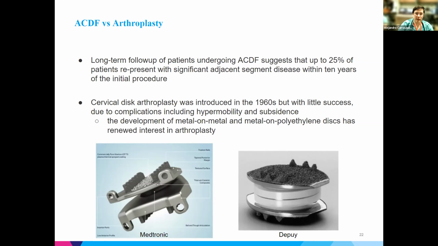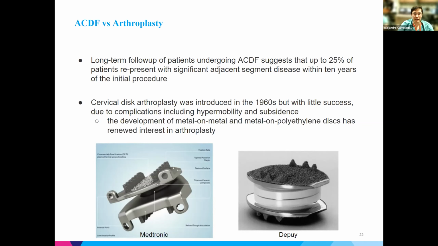And so this can lead to degeneration of those adjacent segments, and that's called adjacent segment disease. And as you can see, up to 25% of patients after ACDF present with significant adjacent segment disease within 10 years.